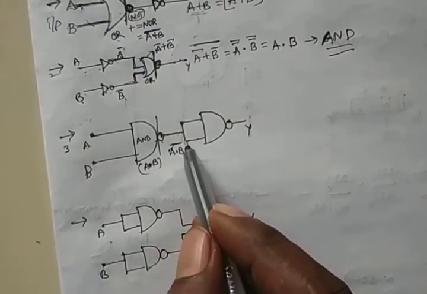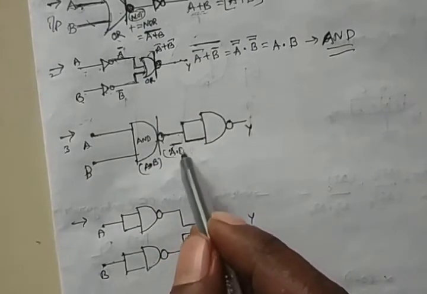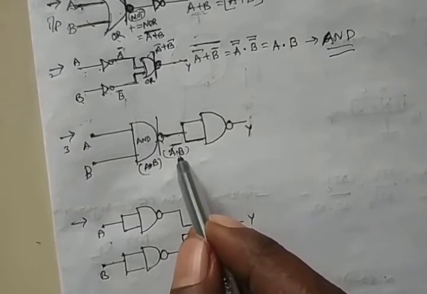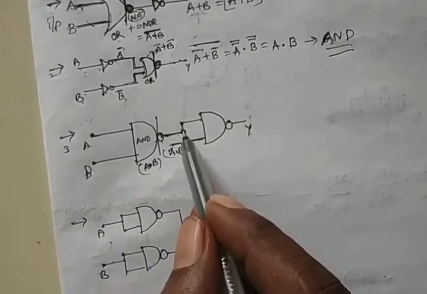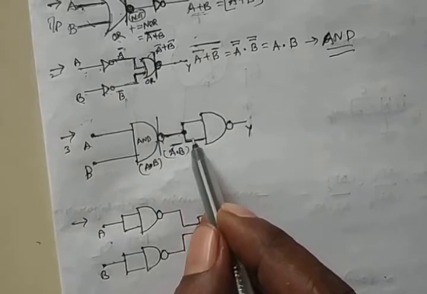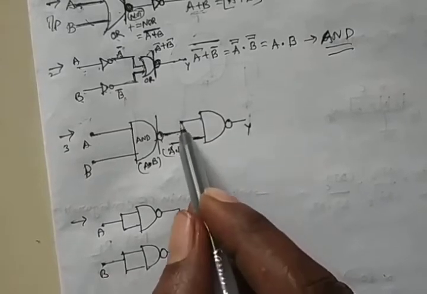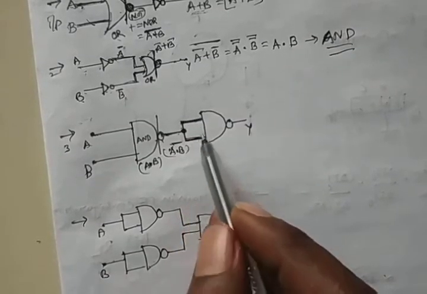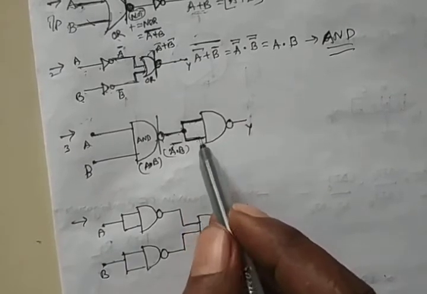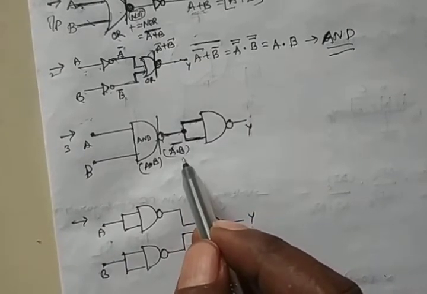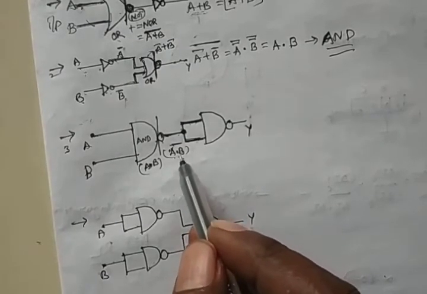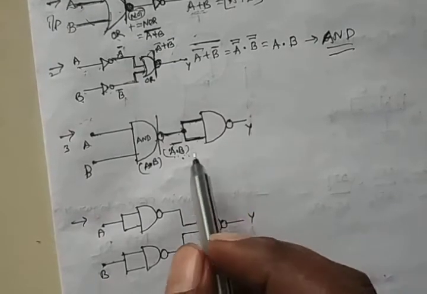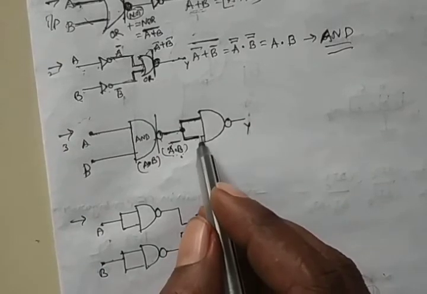So this symbol indicates whatever the input here, this is the input. This is a junction. From this junction there are two inputs, this one as well as this one. Both the inputs will have the same value, that is (A dot B) whole bar.